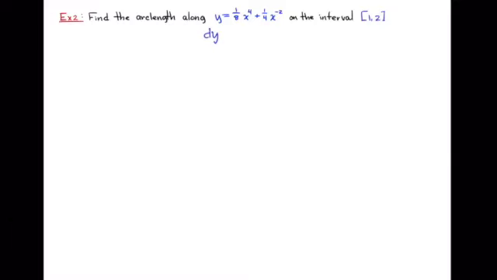Taking the derivative of our given function, we have dy/dx is equal to 4 over 8, which gives us 1/2 x cubed. Bringing the -2 down in front of the x and multiplying it by 1/4 gives us -2 over 4, or 1/2 x to the -3.